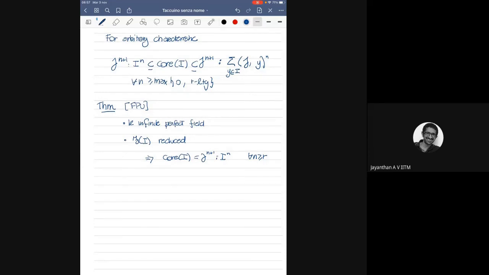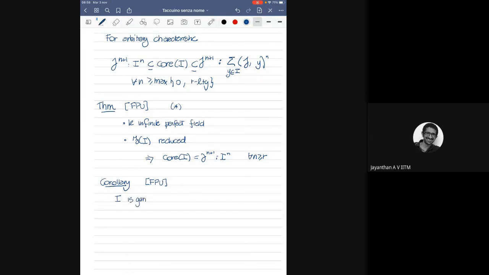And in particular, as a corollary, this gives you something quite important, and this is important also in our study for the Kelly-Bacharach. It tells you that, again, in both cases, you assume star and everything. You are in the same situation. So here you also have star. If I is generated by forms of the same degree, obviously the fiber is reduced.